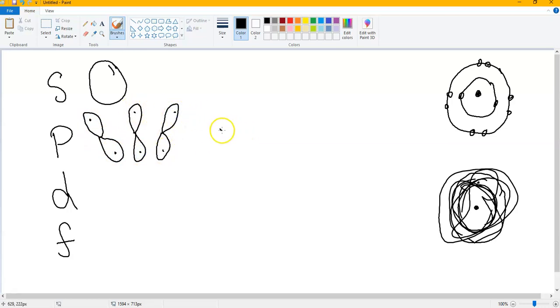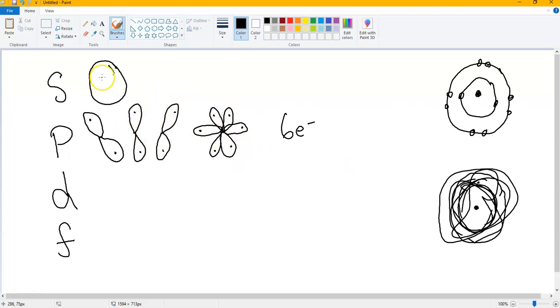And when you put them together, they kind of look like a flower. So I like to refer to these as petals, but in most textbooks and in most professors, they refer to them as dumbbells, okay? So the p orbitals can hold 6 electrons, and it looks kind of like a flower or a dumbbell, whichever one you prefer.